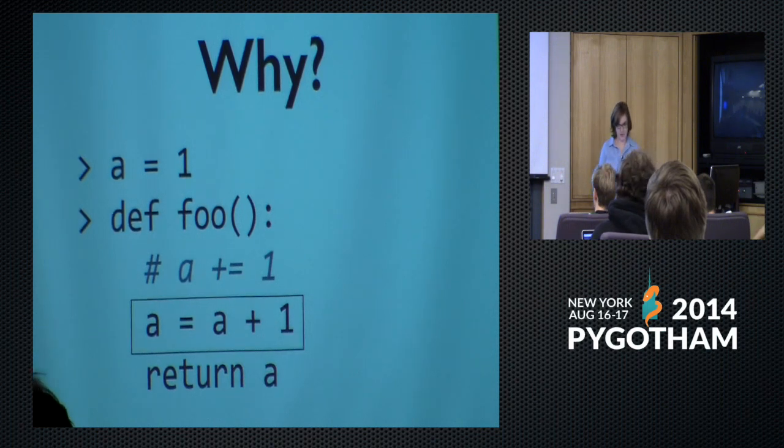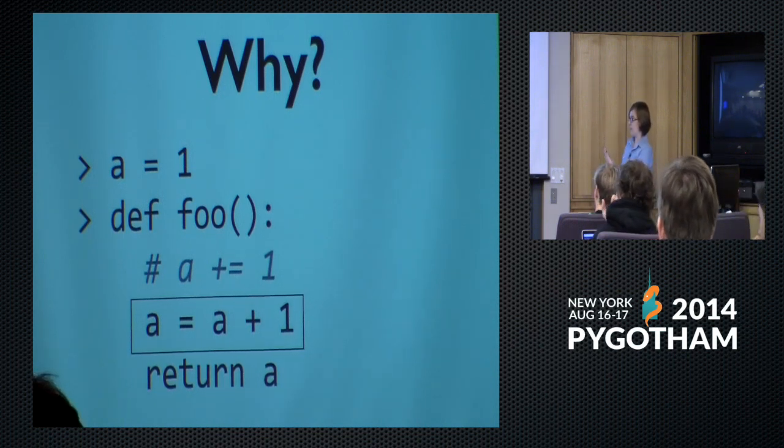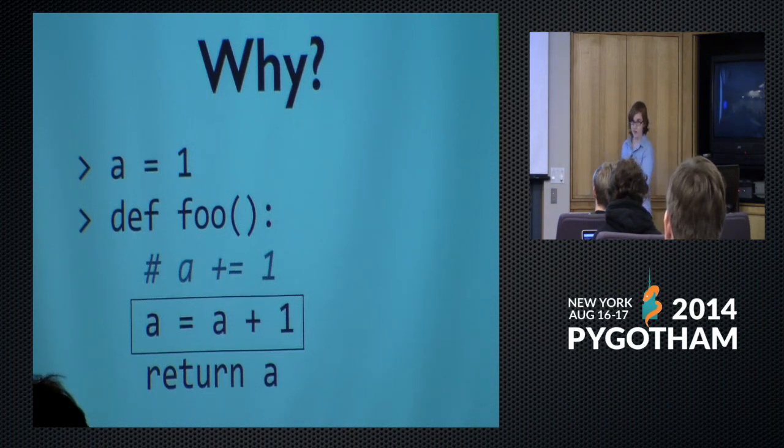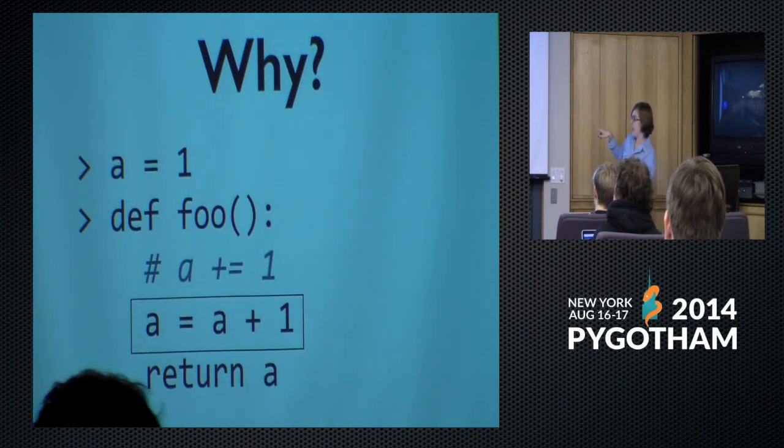So back to our example, incrementing A is very similar to saying A equals A plus 1. If we look at the left side of this, that is an assignment statement. And because we're assigning a value to A in a scope that is local to foo, that means that now A is a local variable with respect to foo. Then on the right side of the equal sign, we have A plus 1.